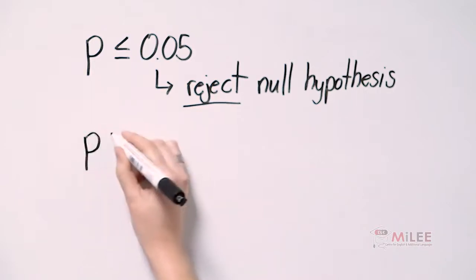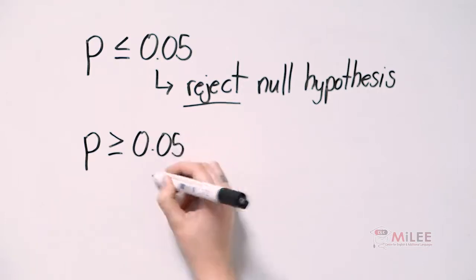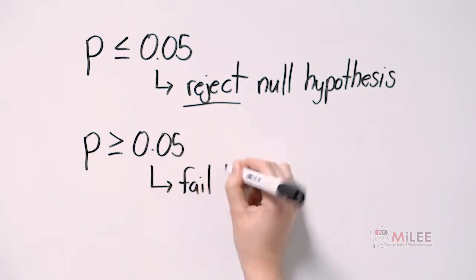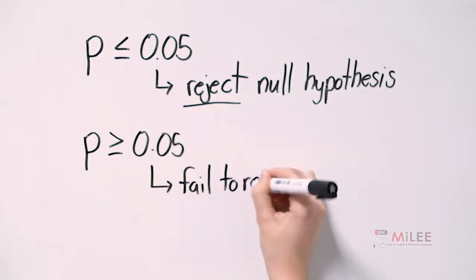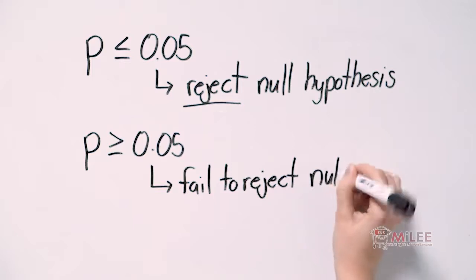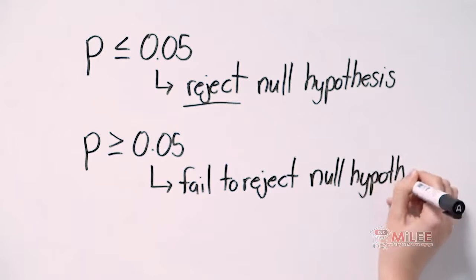A large p-value, typically greater than 0.05, indicates that it is likely that this difference happened by chance. It gives weak evidence against the null hypothesis, so you fail to reject it. In this case, we failed to prove that there is a significant difference.